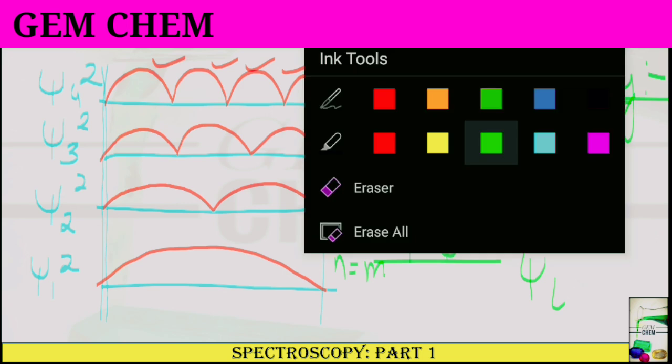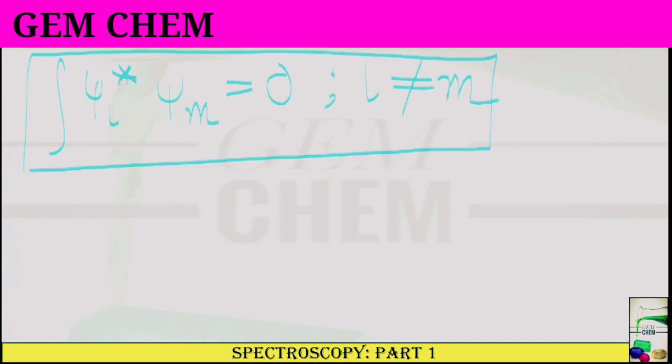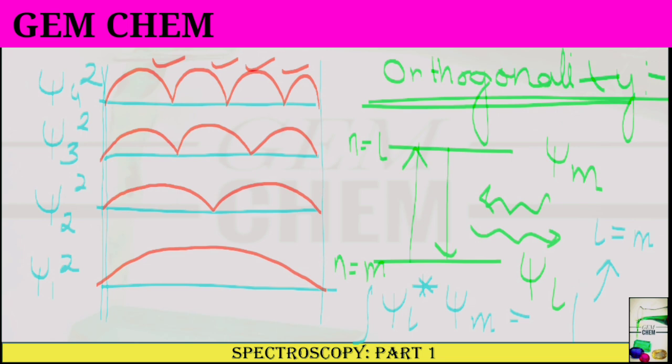So orthogonality tells us that the integration of xi L star into xi m is equal to 1 when L equals m, and equals 0 when L is not equal to m.